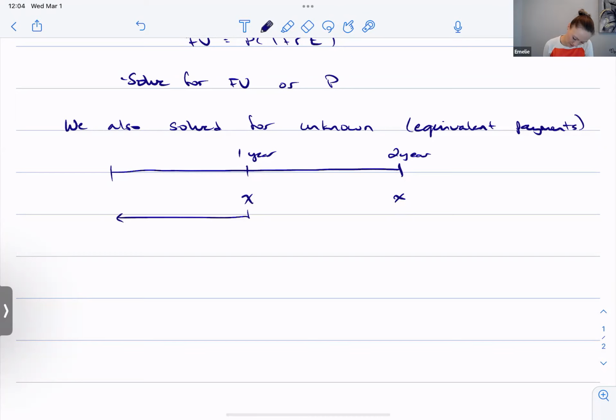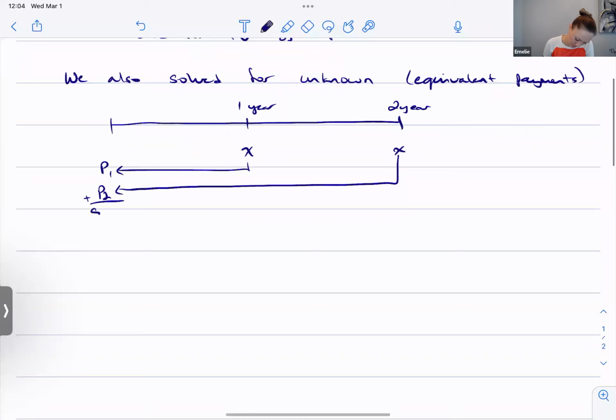And so then we trace these back to some principal amounts, and maybe they have to add up to $5,000 or whatever the loan amount is. Usually it's a loan amount.